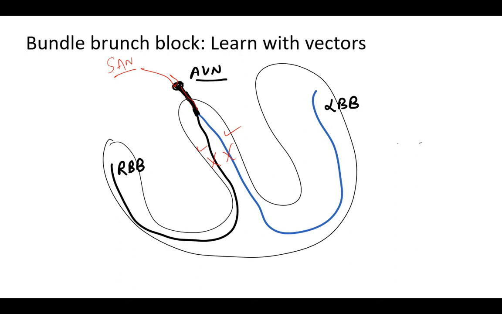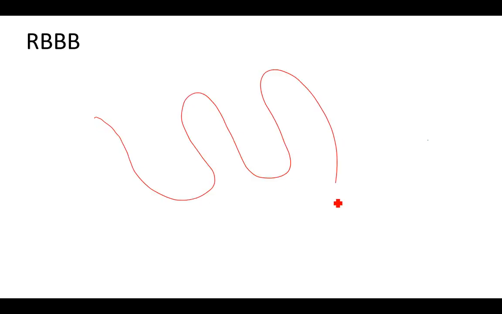So let's see what is happening in right bundle branch block. We will see the vectors that are operating within the ventricle only. The first vector that is operating within the ventricle is the interseptal vector.